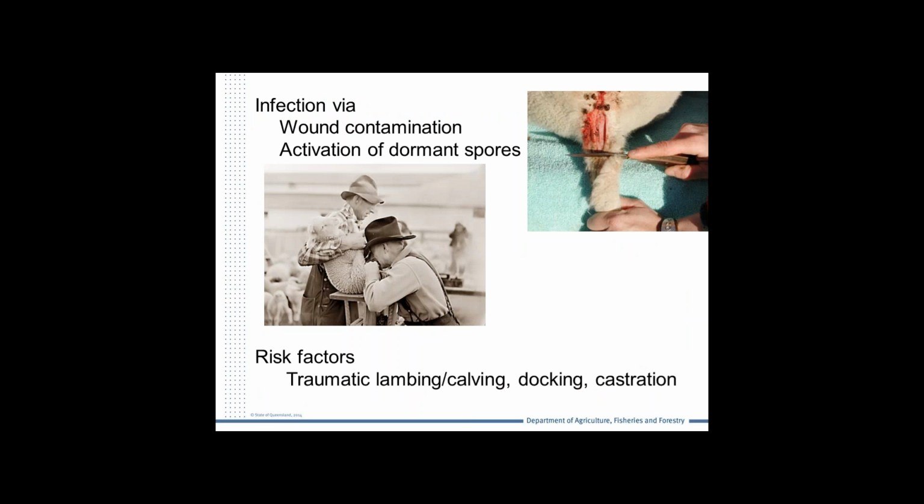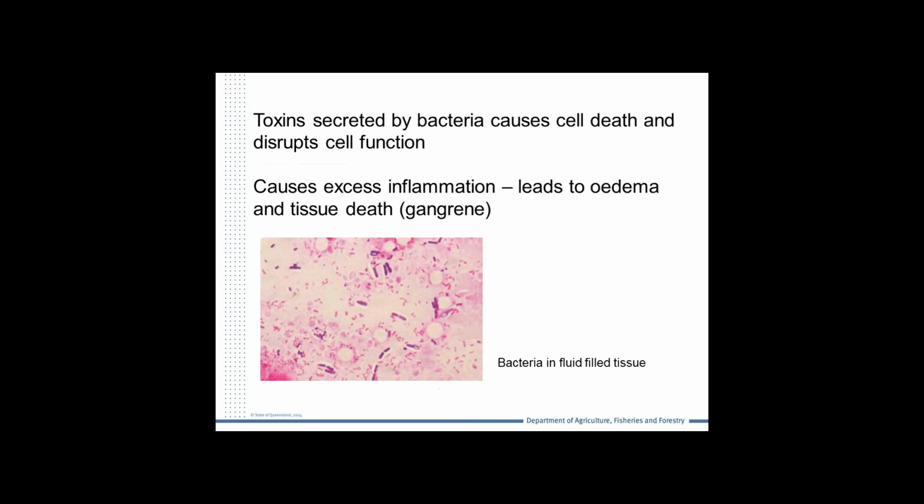Infection usually occurs through the contamination of wounds containing devitalised tissue or soil, or through the activation of dormant spores. Horses and cattle may have dormant spores already present in the muscle. Wounds caused by accidents, castration, docking, insanitary vaccination, and during the birthing process may become infected.